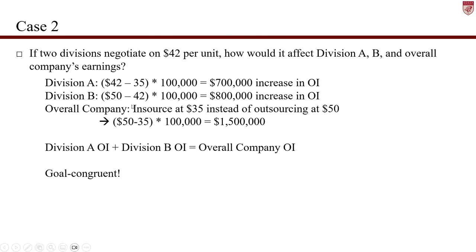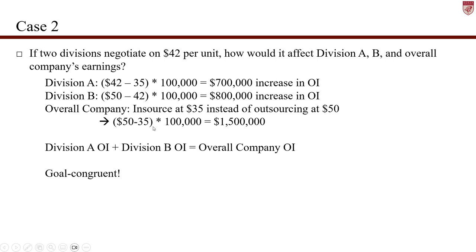How about the overall company's perspective? From the overall company perspective, it doesn't really matter whether they transact at 42 or 60 or whatever. What they care about is insourcing cost versus outsourcing cost, right? So when they were outsourcing, they were able to outsource at $50, but now they can insource at $35 instead, right?